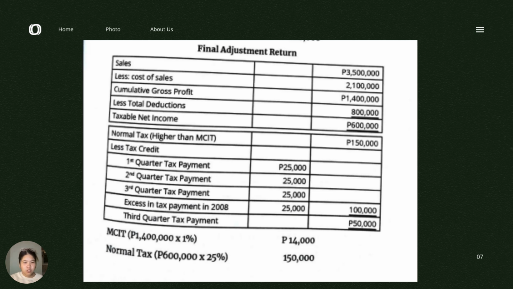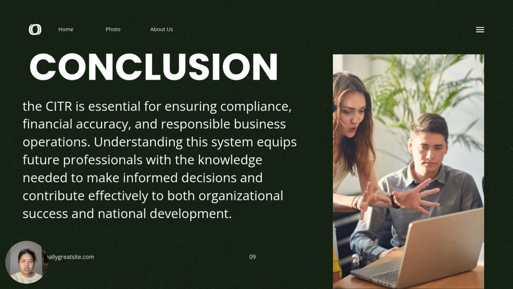So this results in 100,000. Therefore, we computed 150,000 minus 100,000, resulting in 50,000. So that is the final adjustment payment. That is the end of the computation.